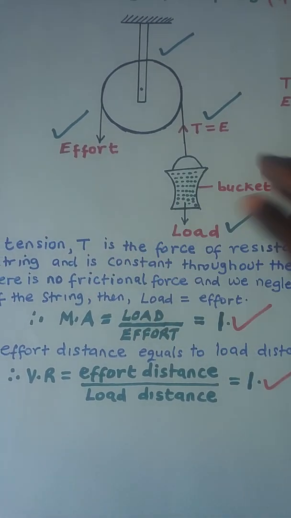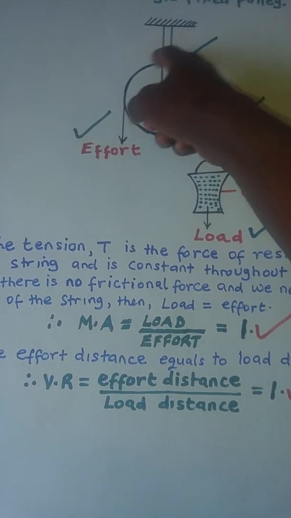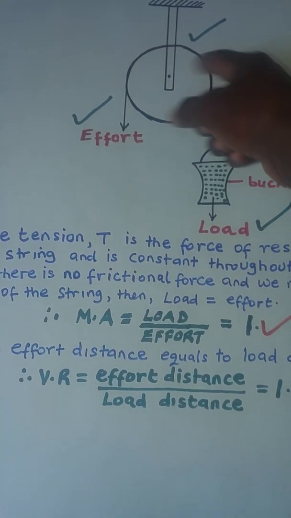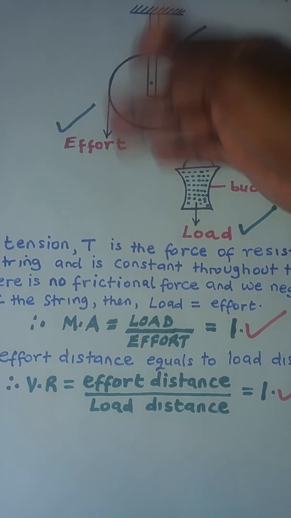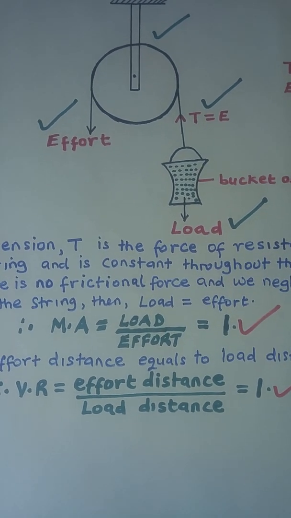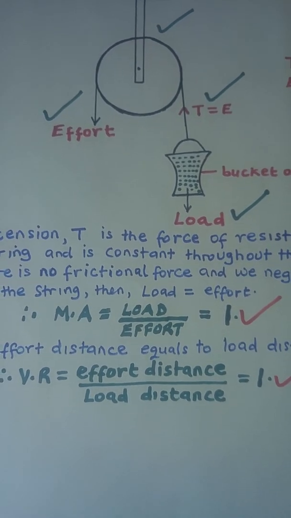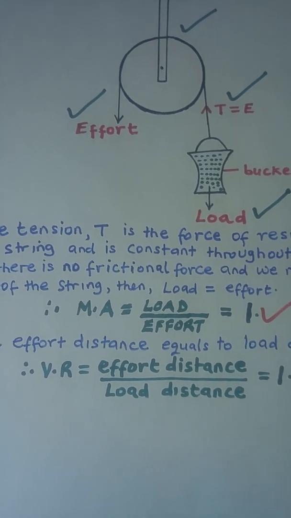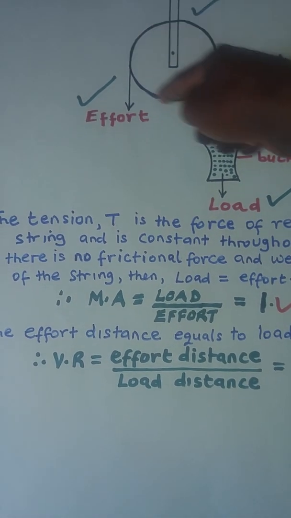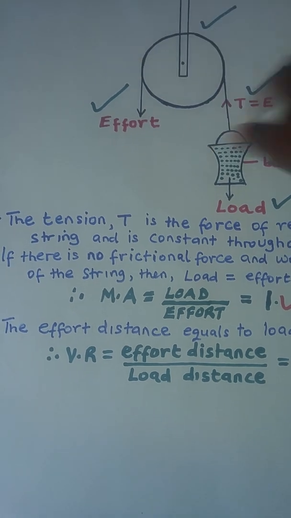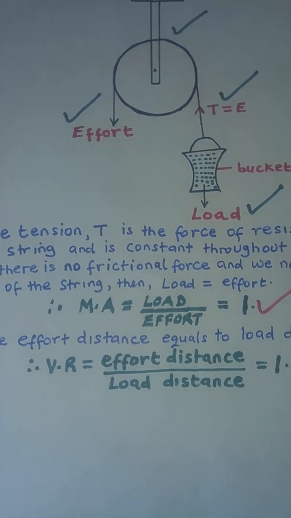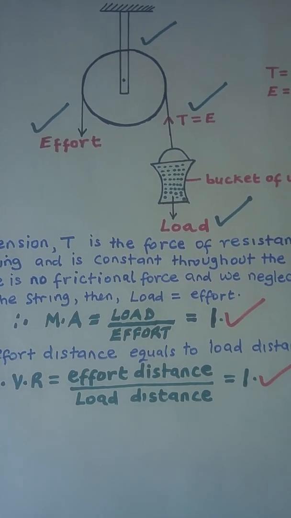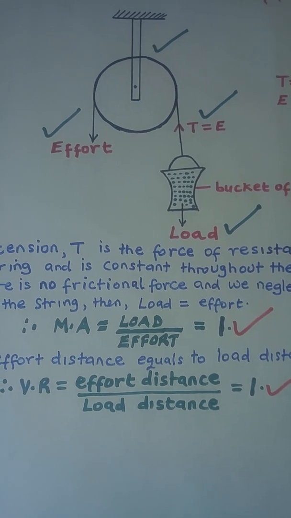So assuming the weight of the pulley is too small that we can neglect it, and there is no frictional force. How can frictional force fail to be there? If we don't want frictional force to be there, it means we put oil here. You know, you put oil, just like a bicycle. There is where you put grease. Why do you put grease? Because you don't want friction.